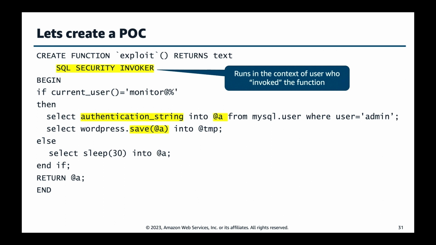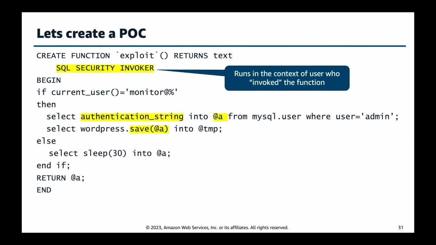So we create a function exploit. Inside of that, we select the password, the authentication string in MySQL, and then we save it in our table using another function. Because we specify security invoker, that means that whoever runs it will use their own privileges.